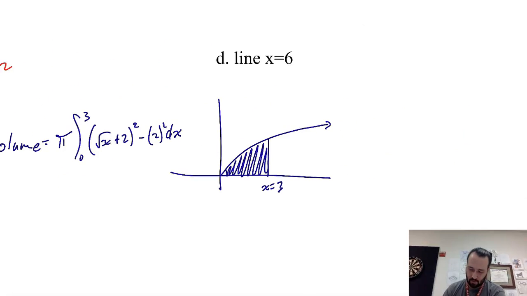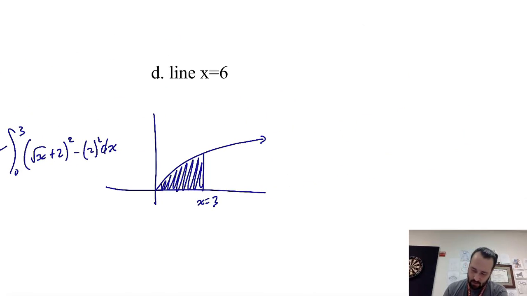Okay. All right, the line x equals 6. These are always the most challenging to me because our big radius is this distance right here. So if that's the big radius, I can't just say it's the function value in terms of y.